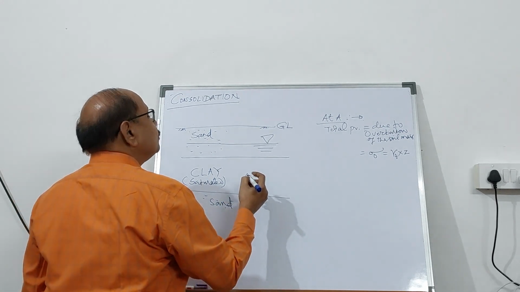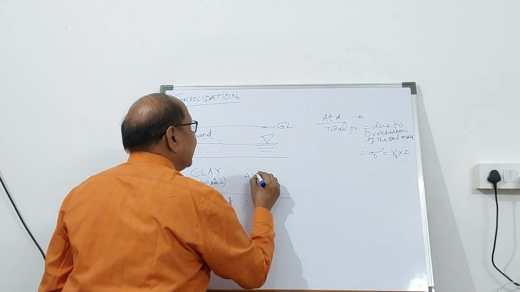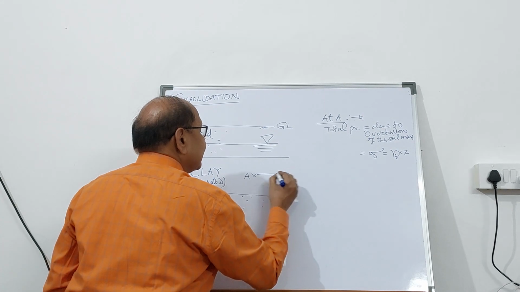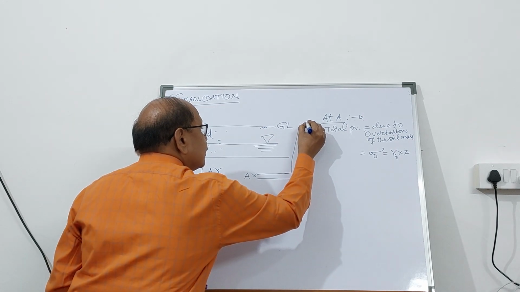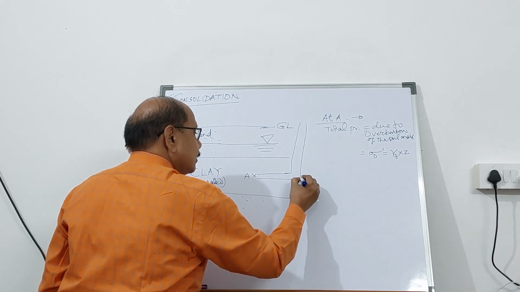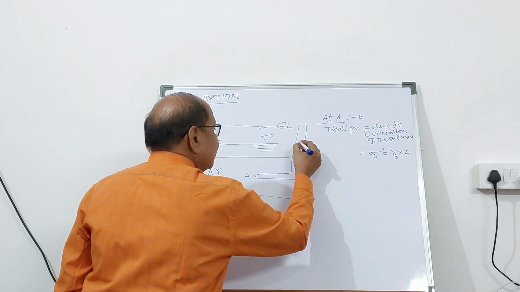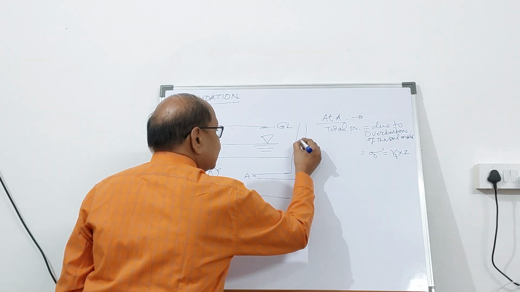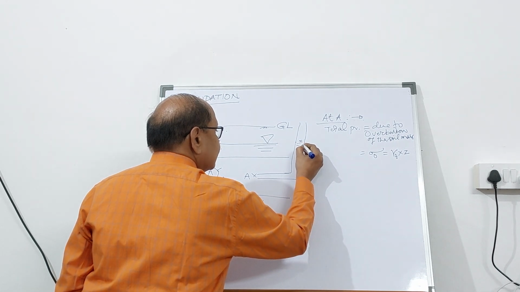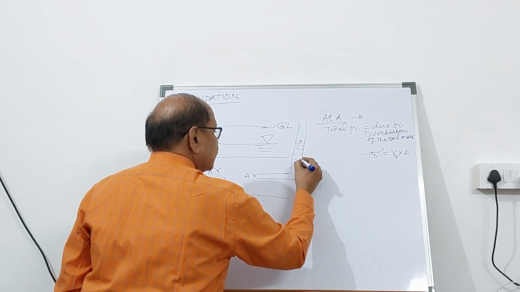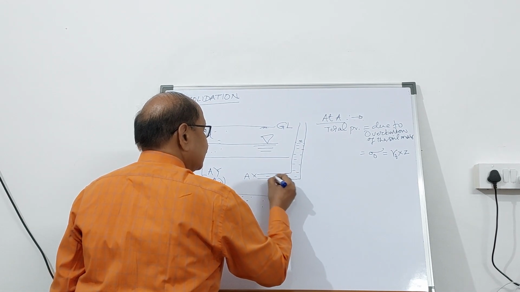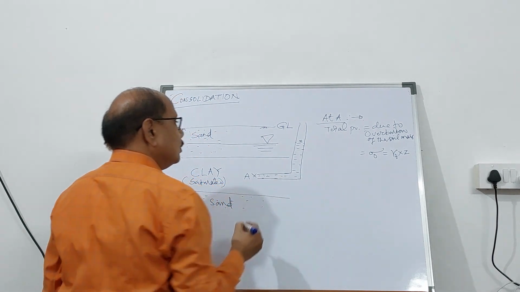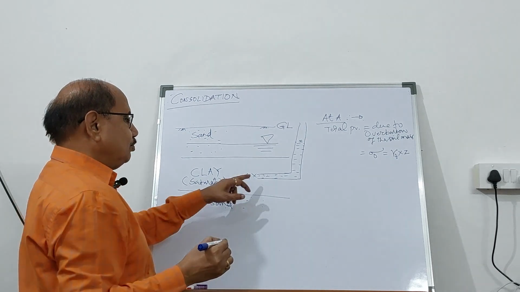Now, if you put a piezometric tube at point A, the water will rise up to this level in the piezometric tube.